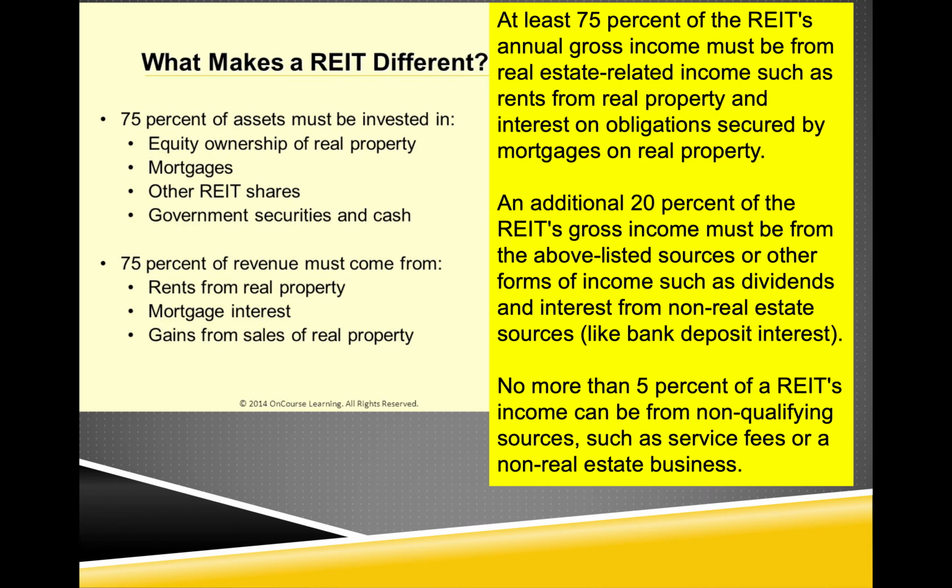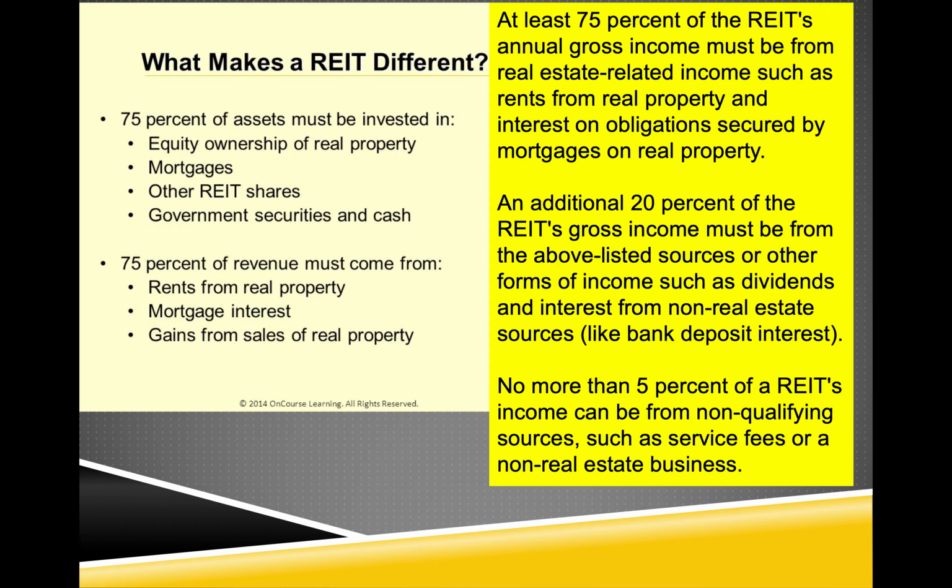The reason being sometimes a REIT will raise money and not be able to deploy that immediately. So basically, you have to invest in real estate and mortgages, although you can hold cash until it's deployed and the like.